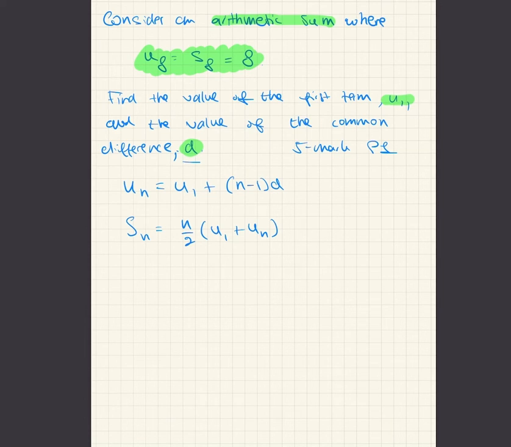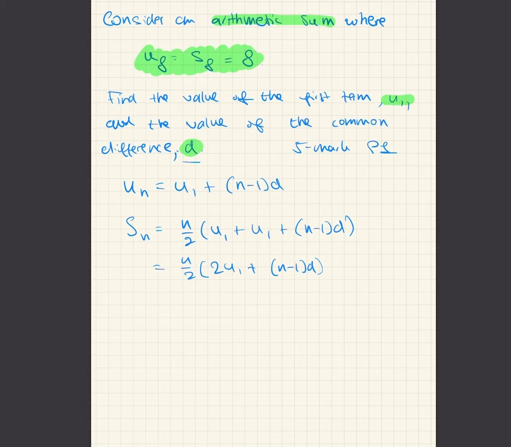But it's actually a bit simpler in my opinion to change that un for the formula we have up top, so it's going to be u1 plus n minus 1 d. And we can actually simplify that: n over 2 of 2u1 plus n minus 1 d.